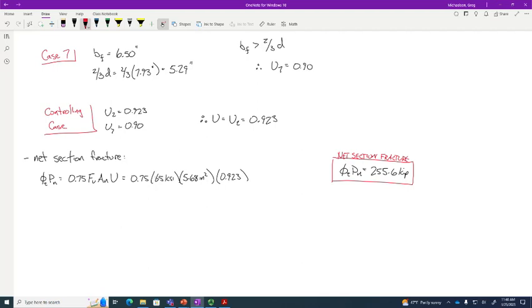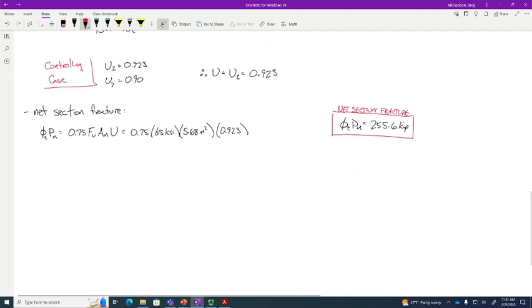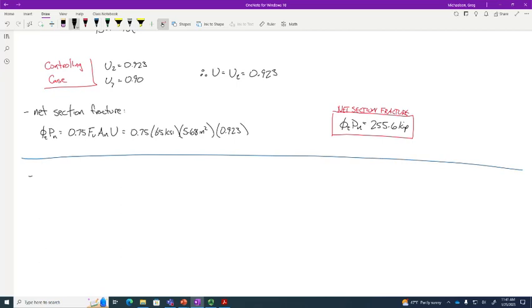Okay, so we've got gross section yielding, and we've got net section fracture. So the first question I want to ask is, which one is the capacity? Let's look at factored resistance.